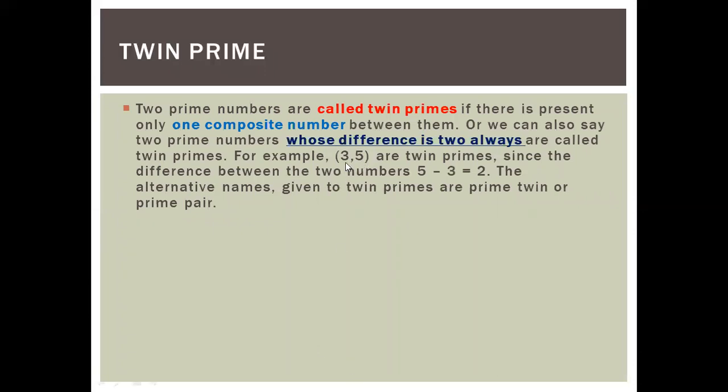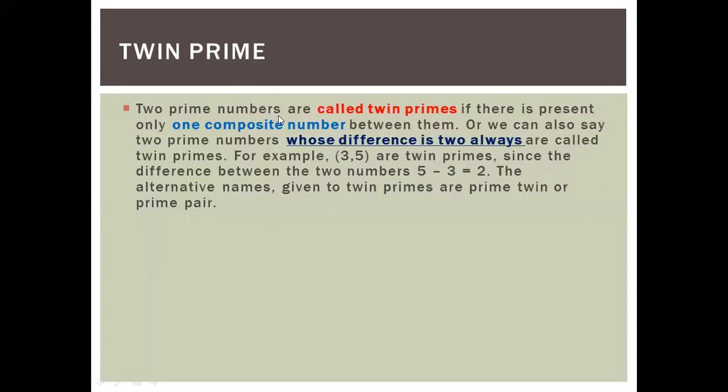Children, 3 and 5 are prime numbers. The only composite number between 3 and 5 is 4. Or, if we find the difference between 3 and 5, we get 2. If we get a difference of 2, then 3 and 5 is a twin prime set.